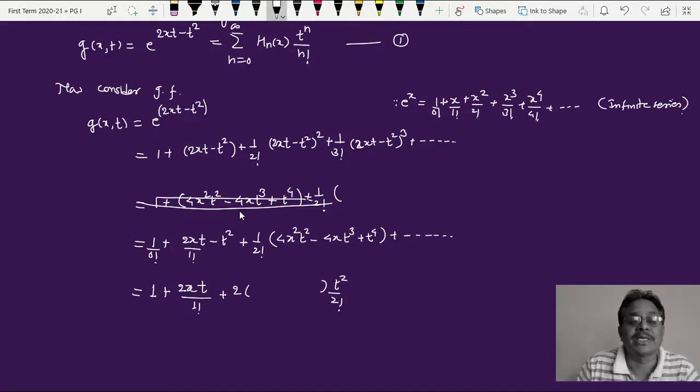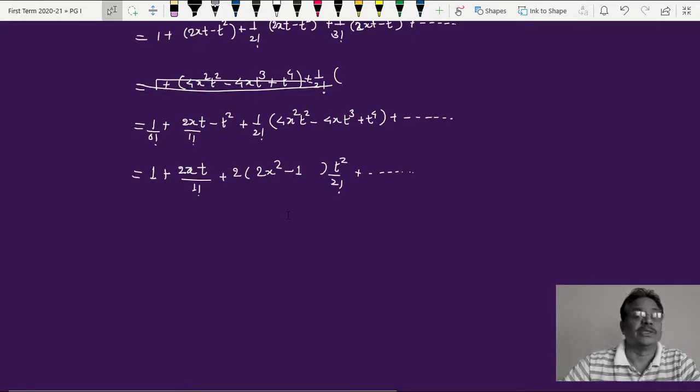Now t square is taken common out of this, so here it is 1 t square and there is 4x square, and out of that 2 is taken outside. If it is taken this way, one gets this particular equation as 2 into bracket twice x square minus 1 into t square upon 2 factorial and so on.